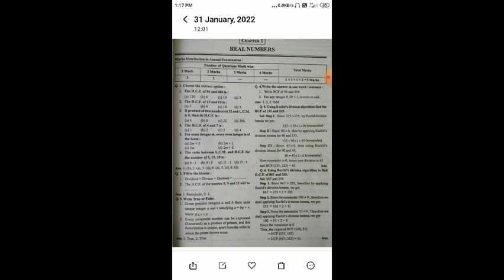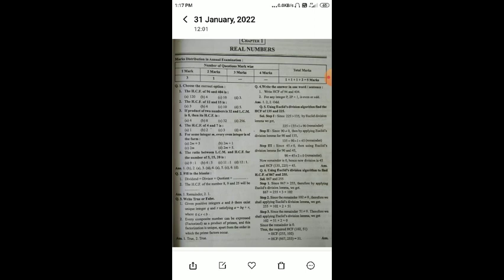In Euclid division algorithm, we have to divide numbers until we get a remainder 0. If we do not get a remainder 0, then HCF of those two numbers is not possible. If we get remainder 0 at the end, then the divisor of those two numbers will be its HCF.